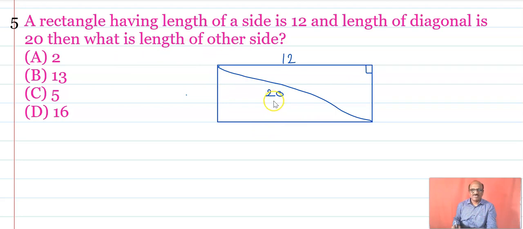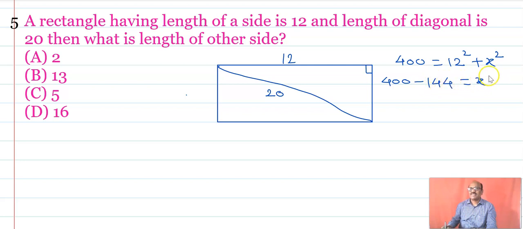That is 20 square. Then what you will get? Here 20 square is 400, and that is equals to 12 square, and the length of other side, suppose that it is x square, means what? 400 minus 12 square is 144. तुम्हाला स्क्वेअर्स वगैरे याच्यात ते माहिती पाहिजे. सोपं आहे ते. x square is equals to 400 minus 144, and that is 256.